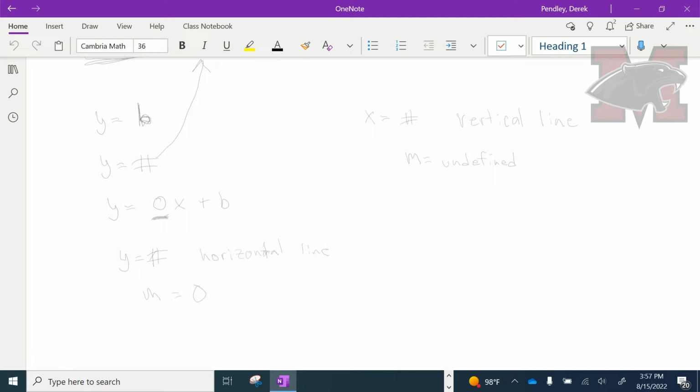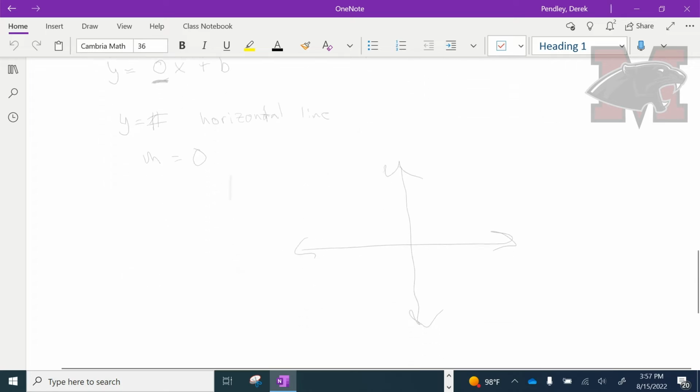All right. So those are things you either need to extrapolate yourself based on the graphs or just memorize them. Anytime you have a horizontal line, your slope is 0. Anytime you have a vertical line, you're undefined. And I always think about how a slope works by referencing it to driving a car.